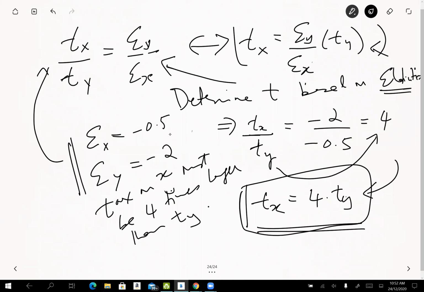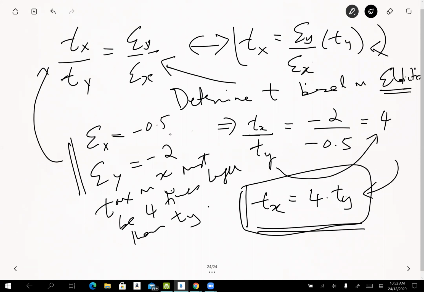Given the values of the elasticities, to minimize your excess burden, you must tax X 4 times higher than Y. So that gives you a quite accurate guideline as to how to tax the two goods, not just that the tax on X must be higher, based on the relationship of the elasticities and the tax rates and the burden of the tax.